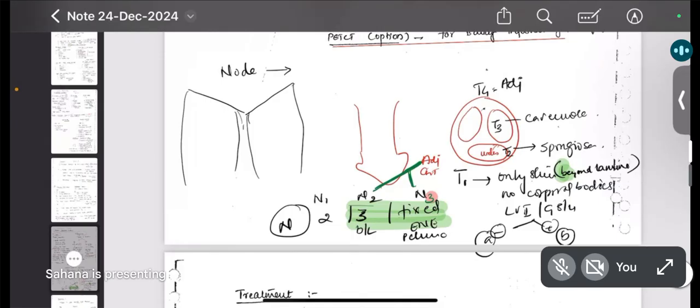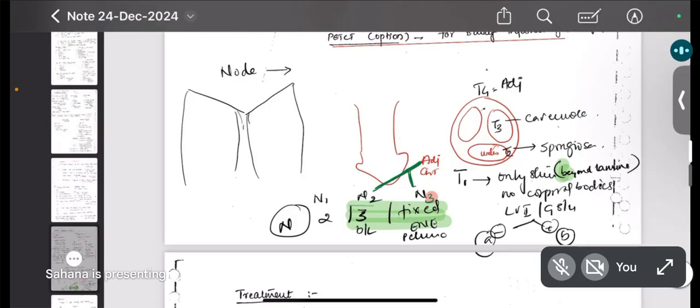T4 is largely invading everything adjacent, so it can be scrotum, prostate, pelvic bone, everything. Now T1 is very superficial. It reaches beyond the basement membrane into the lamina propria, but does not include anything like a corporal body. It is again divided by grade and LVI into subdivisions A and B.